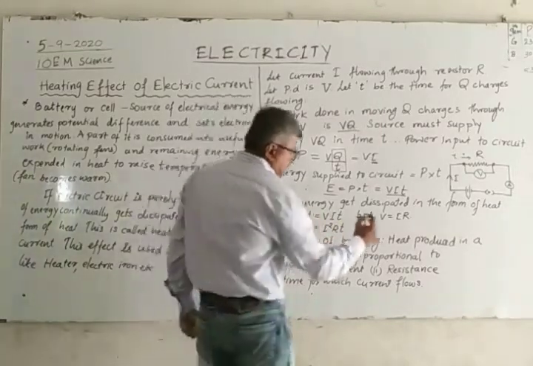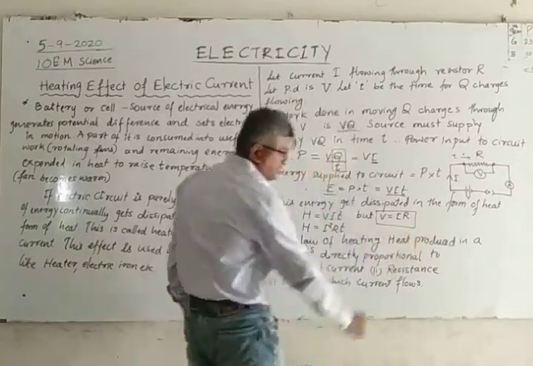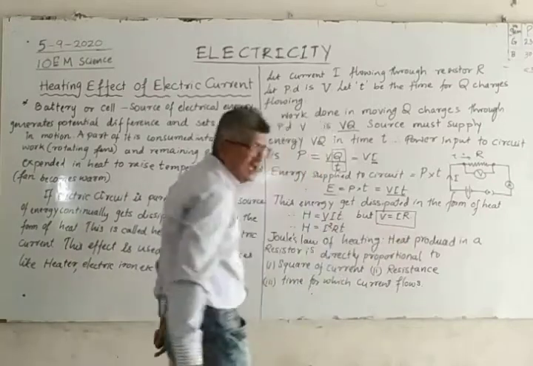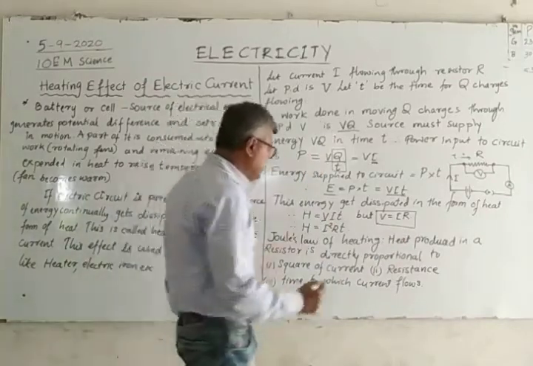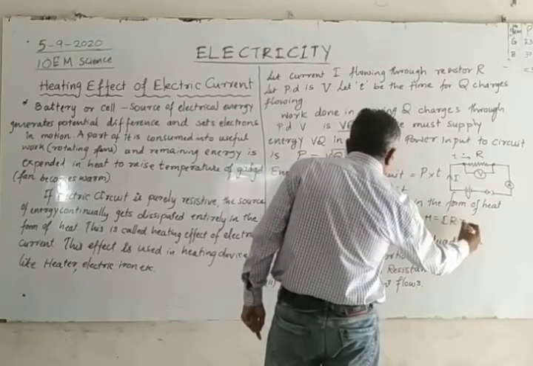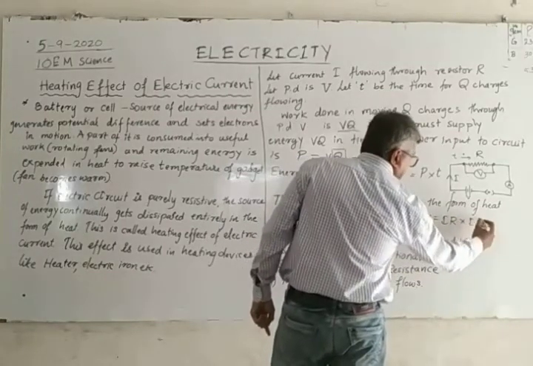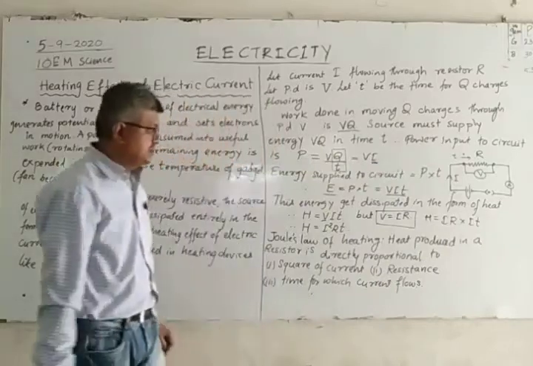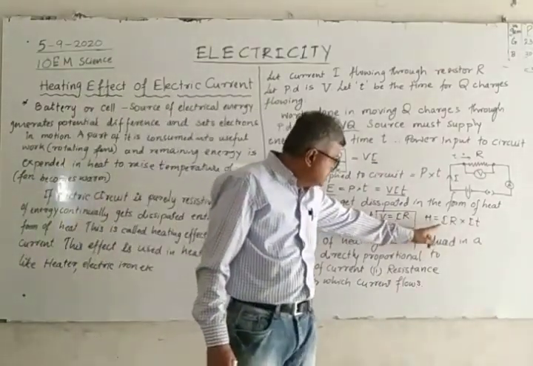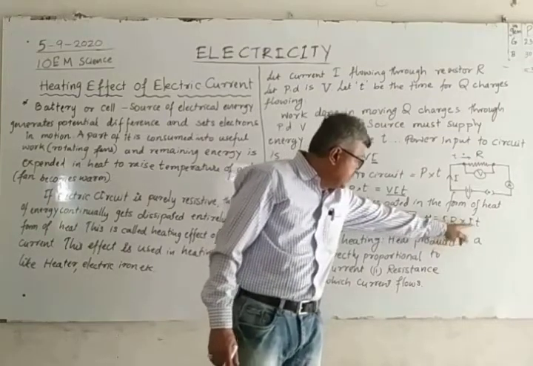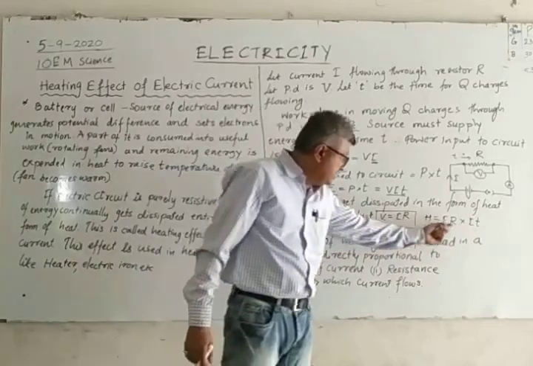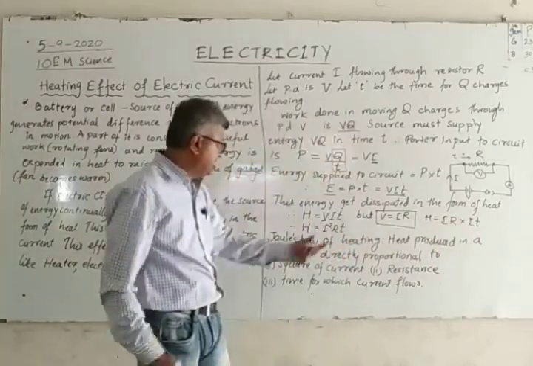But we know that according to Ohm's law, V is equal to IR. In place of V, if you write IR, this will become H equal to IR into I into T. If you multiply I into I, that is I square, and the remaining is R into T. I square RT.